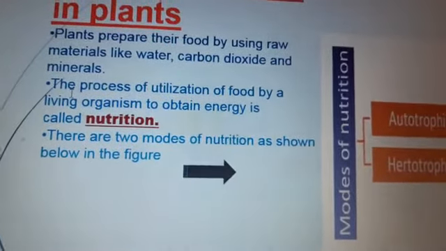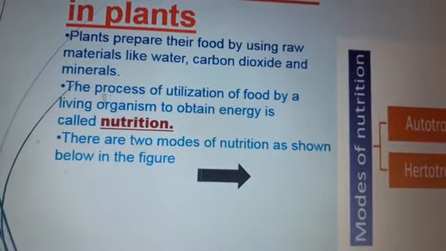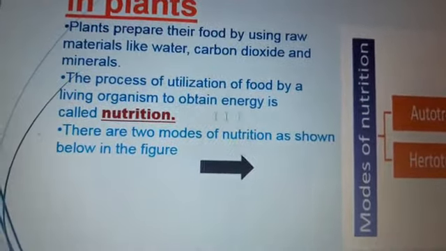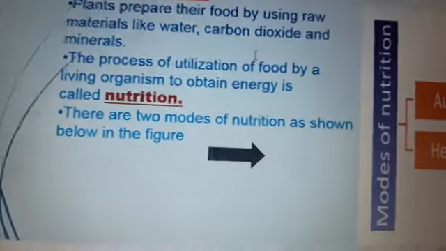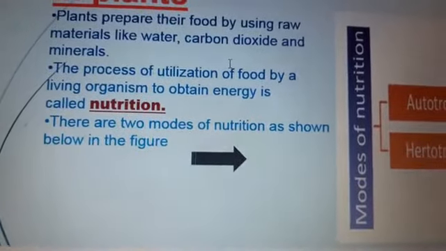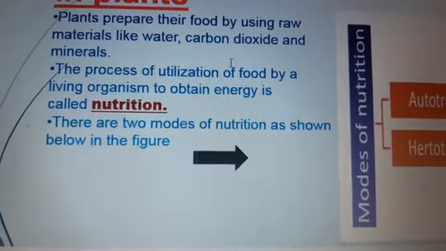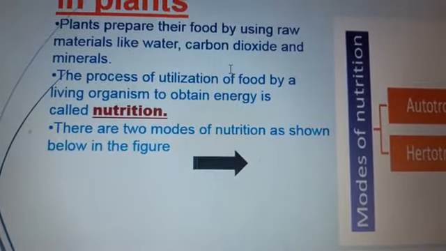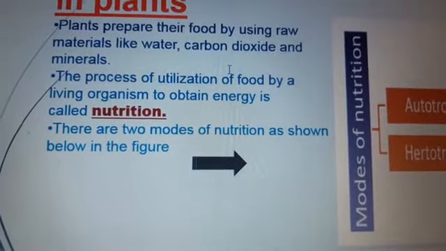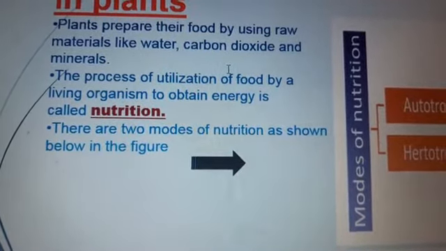And the second point we will take: the process of utilization of food by a living organism to obtain energy is called nutrition. So how can we define nutrition? In the process of utilization of food, lots of energy comes out, and this energy is used by organisms for activities.